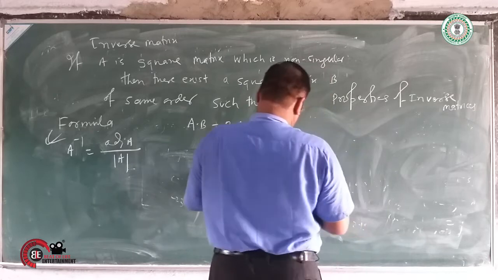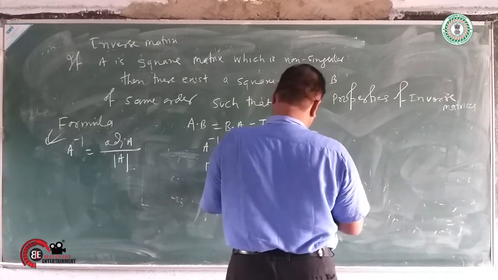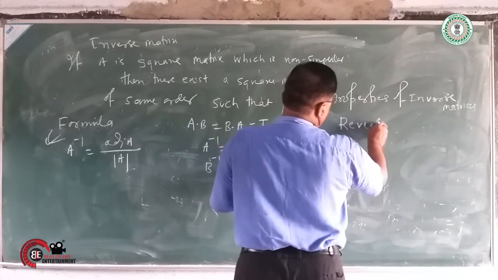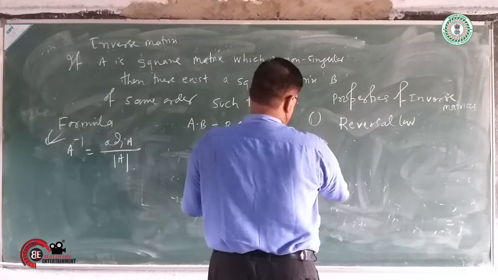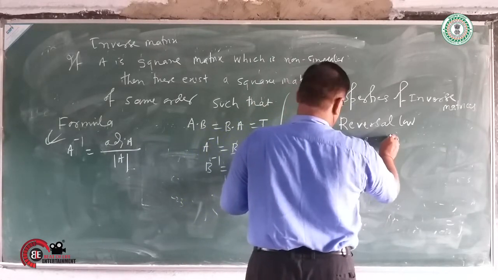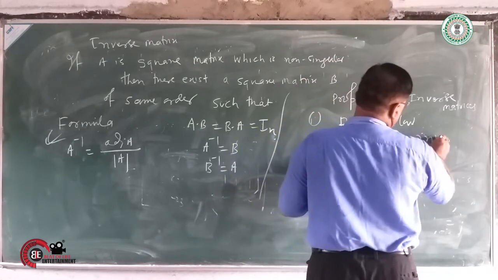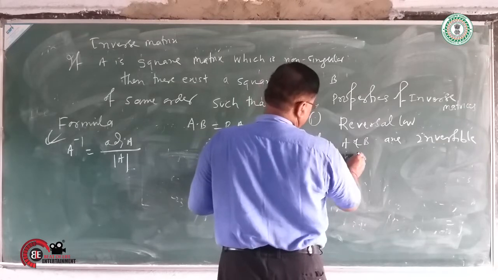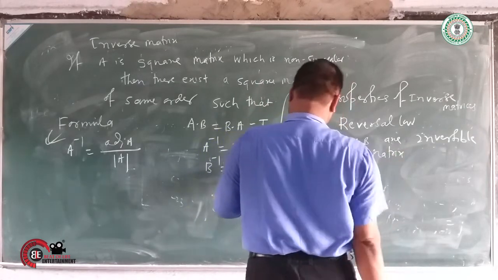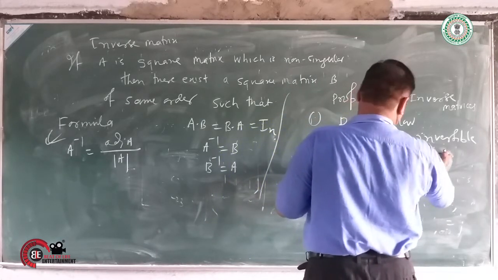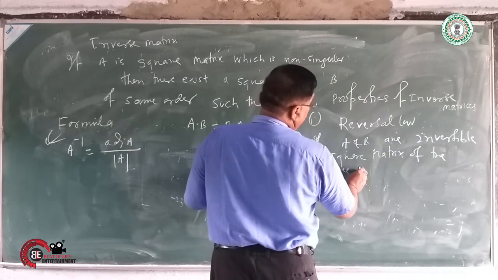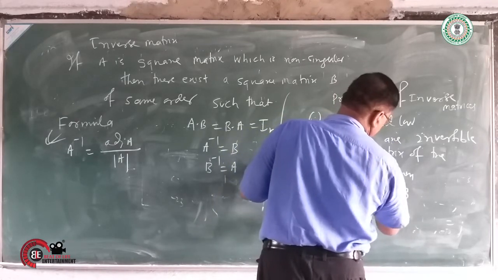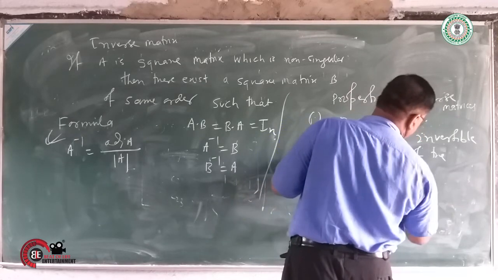First property, the reversal law: if A and B are invertible square matrices of the same order, then AB inverse is equal to B inverse into A inverse.